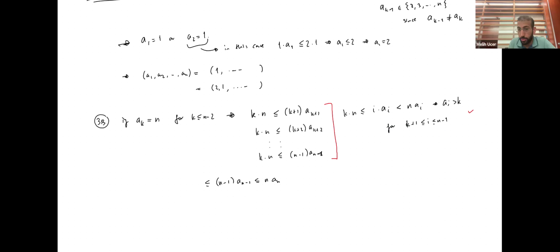So here, this is very important. Look, here actually we are using k less than or equal to n minus 2. In this one, we have not used k less than or equal to n minus 2. Because even for k equals n minus 1, this would be an empty set. So here we wrote the inequalities from k plus 1 to n minus 1.